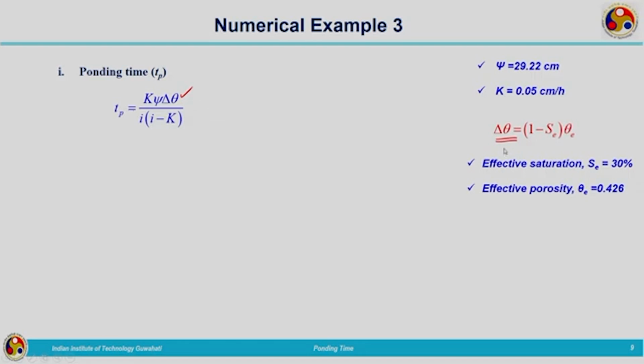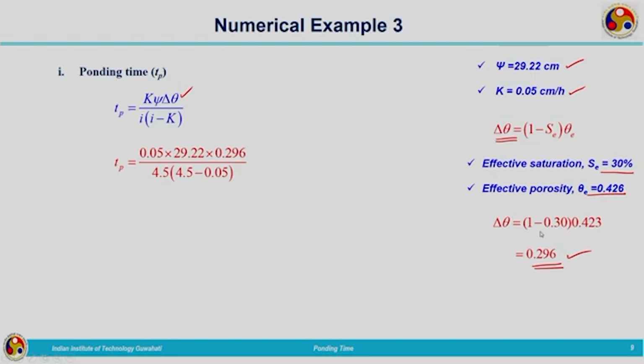Effective saturation and effective porosity are given to us, so we substitute in the expression for soil moisture deficit. Delta theta can be calculated as 0.296.